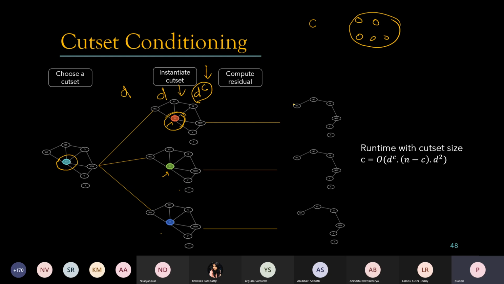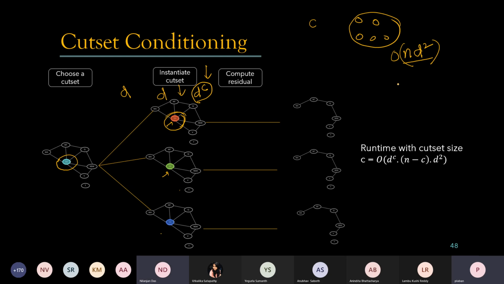Now, how to solve this? For tree structure, what is the complexity? The complexity is O(N D squared). So we can solve this by employing any tree structured CSP algorithm that we have discussed earlier. In our case, what is the value of N?